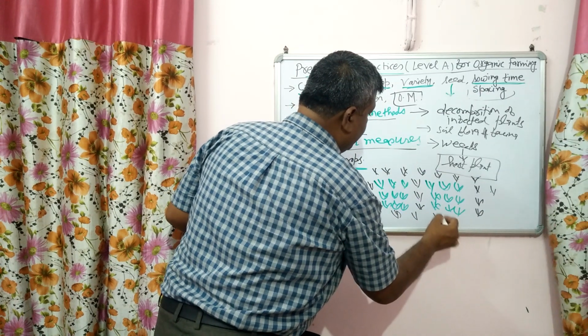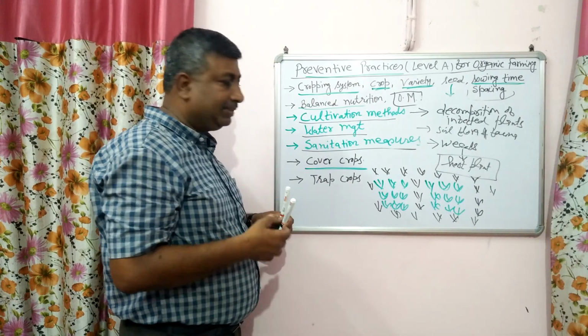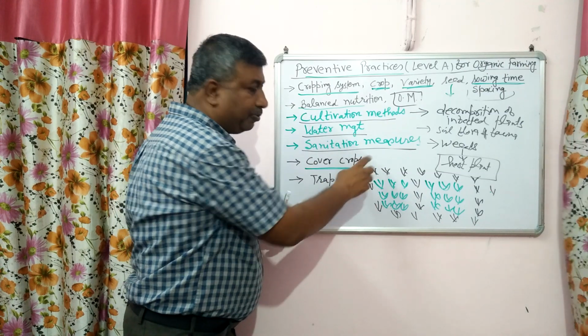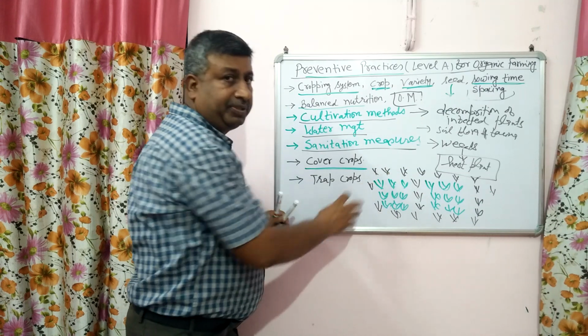These crops are more favored by the insect. So insects attack the trap crop rather than the main crop. So the insect population is on the trap crop, and the main crop is saved.